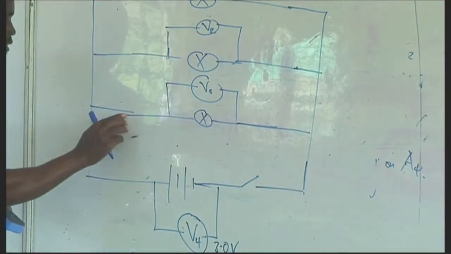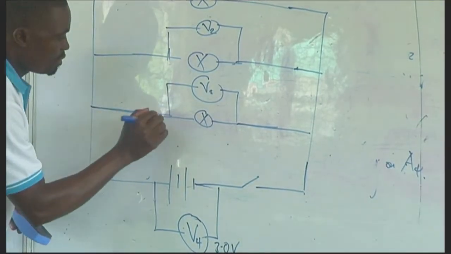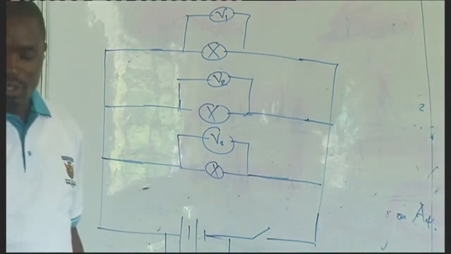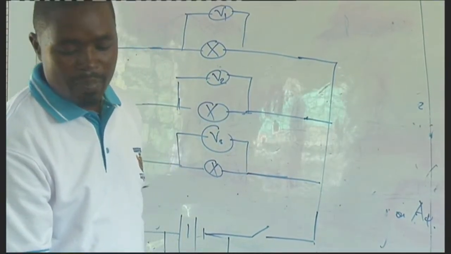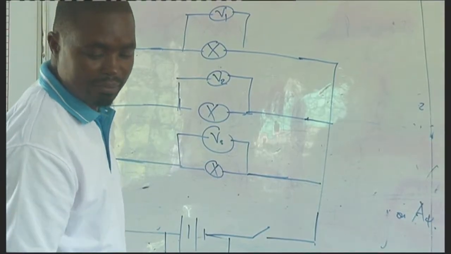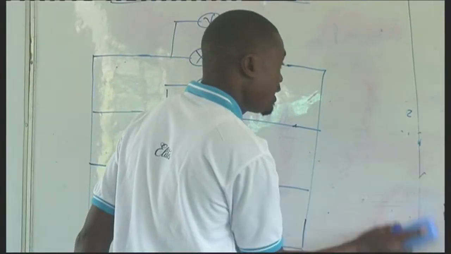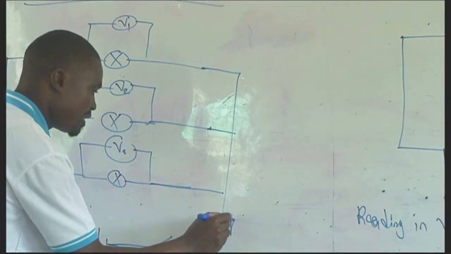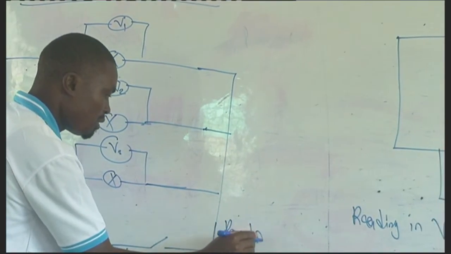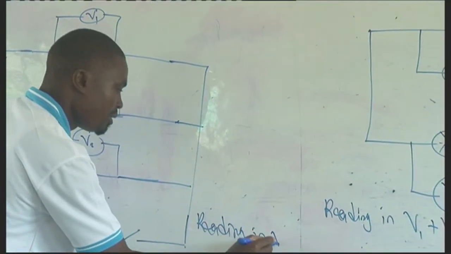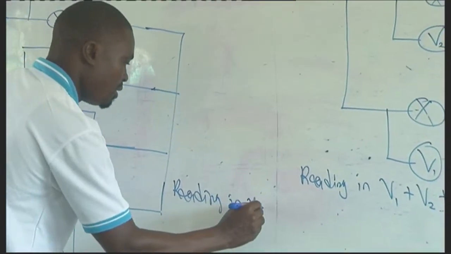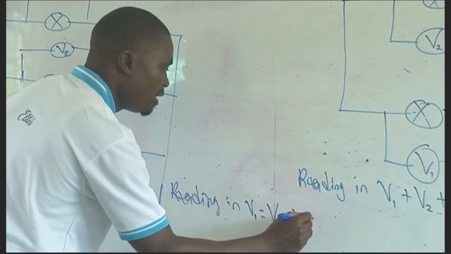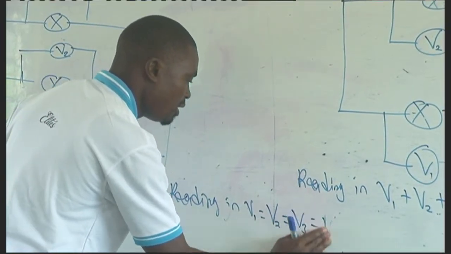But a different reading on each of V1, V2, and V3? So when this switch is closed, we'll realize that the reading in V1 equals the reading in V2, equals the reading in V3, equals the reading in V4.